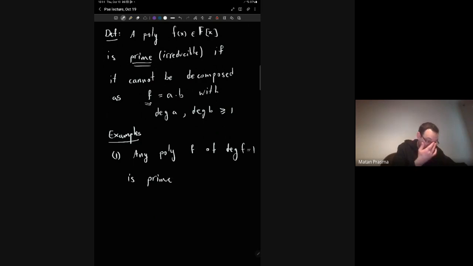I mean, by degree reasons, if you present it as a product of a and b, then the degree of one of them must be 0. I mean, if they are not constant, you have a contradiction to the degree. So all polynomials of the form alpha x plus beta are prime.